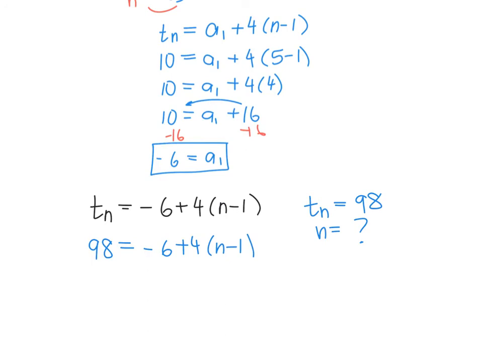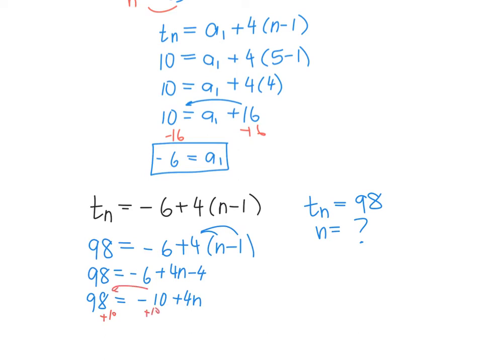Now, before I can isolate for n, I do want to clean this up. So I'll distribute my 4 in. And now it's up to you if you want to collect your like terms or bring both constants to the other side right away. I'm just going to clean them up to get negative 10. And now I can add 10 to both sides to bring it over.